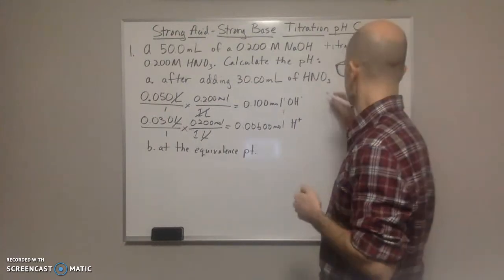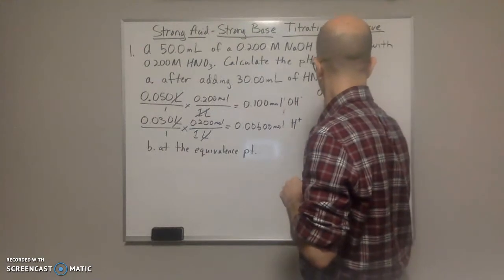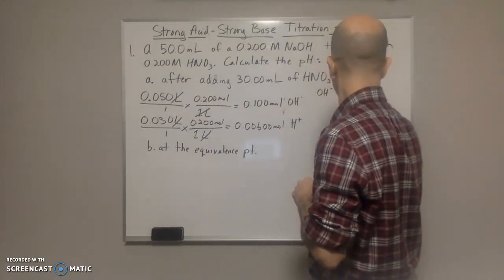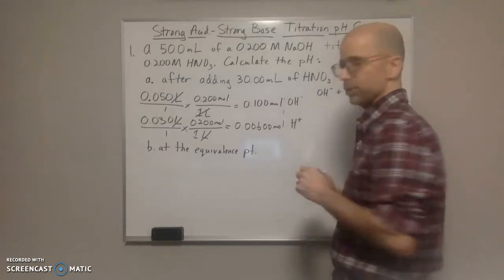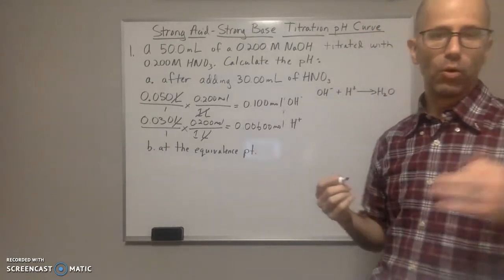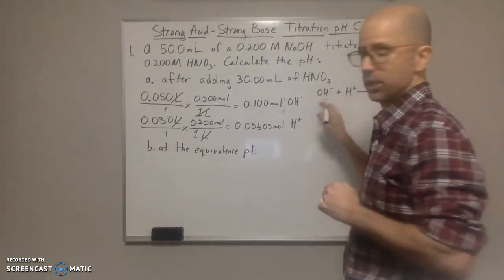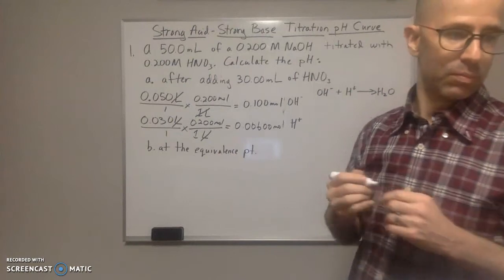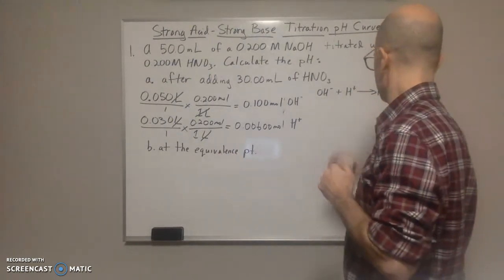So here, if you do the stoichiometry table, we have OH minus plus H plus goes to H2O. And if we balance the equation here, this is already balanced.